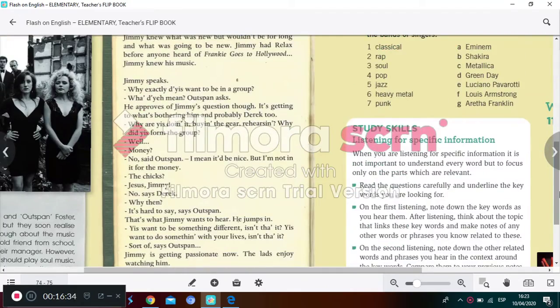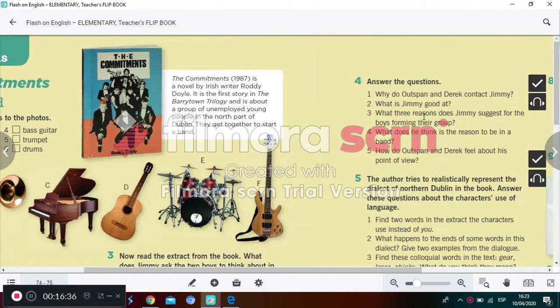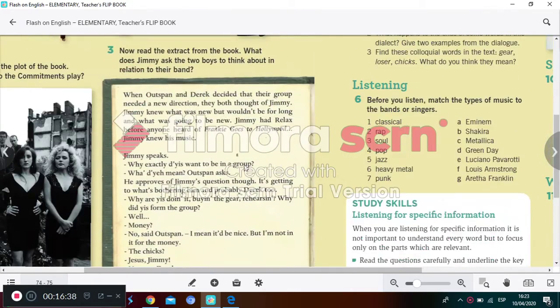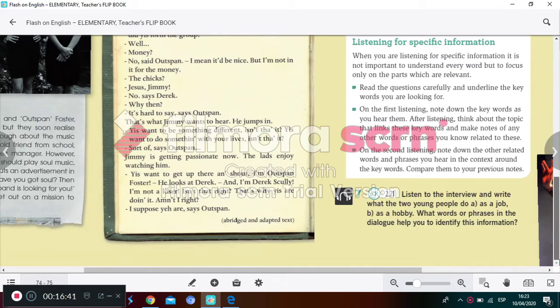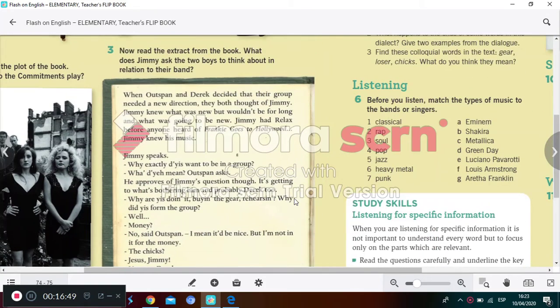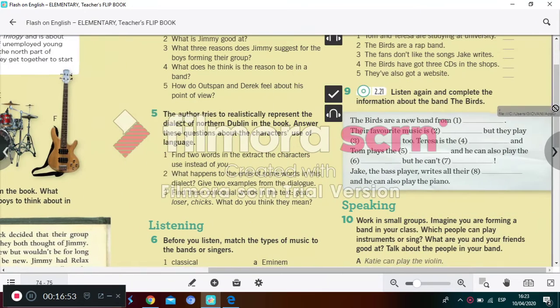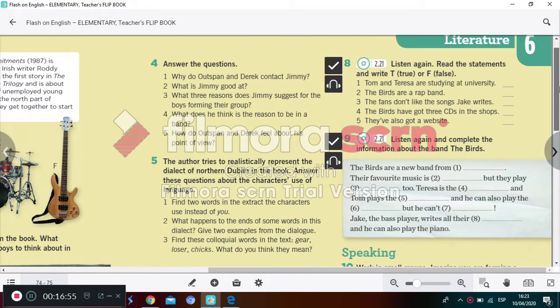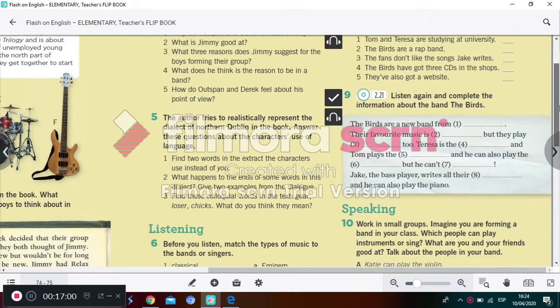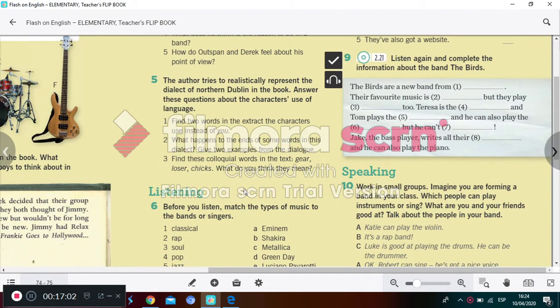To answer these 5 questions, you need to read again text number 1 and text number 2, to answer the questions in activity number 4. Okay, students? Perfect. Let's go to activity number 5.